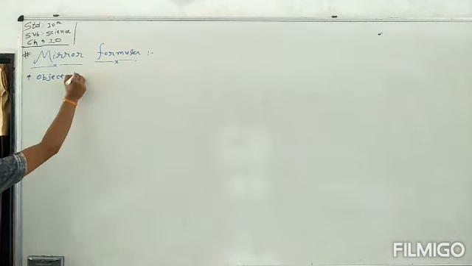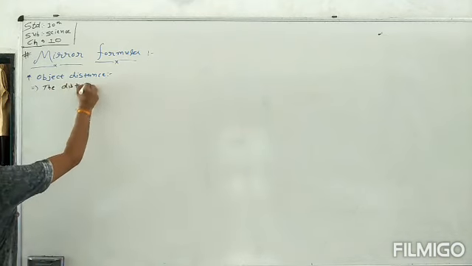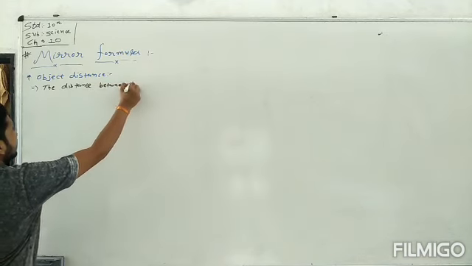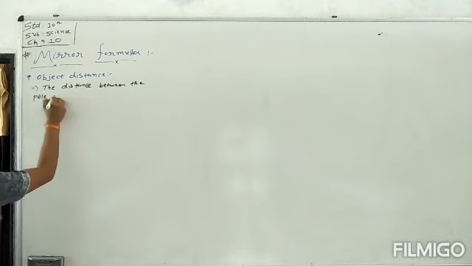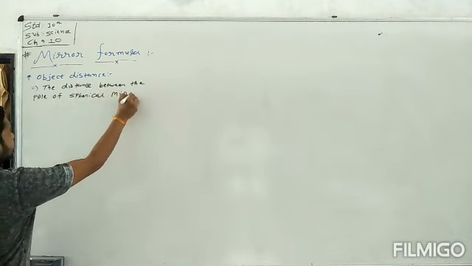You have to clear some points before starting the mirror formula, and the first point is object distance. The distance between the pole of spherical mirror to object is called object distance, and it is denoted by u.